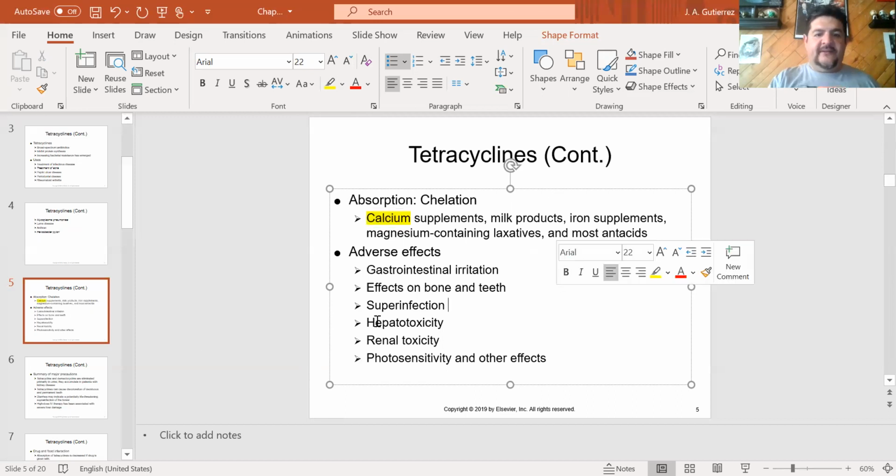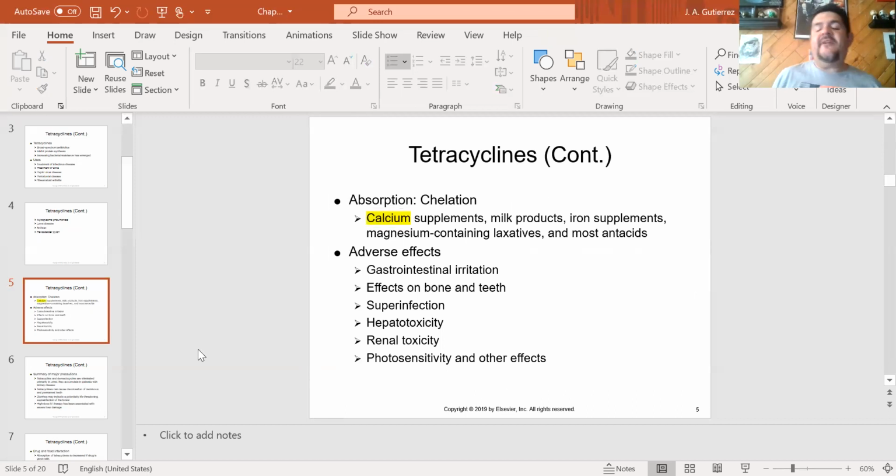Now, tetracyclines by themselves are a very, very heavy medication. That means when patients start taking tetracyclines, they're going to complain of stomach aches, nausea, vomiting, abdominal cramps, some of them. So with tetracyclines, it's very common for doctors to advise, hey, take it with meals, take it with snacks.